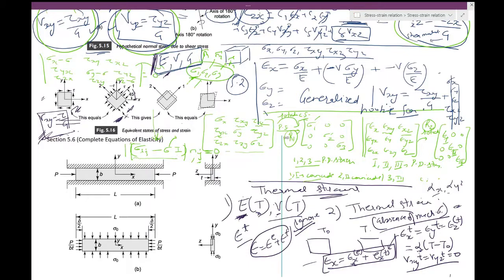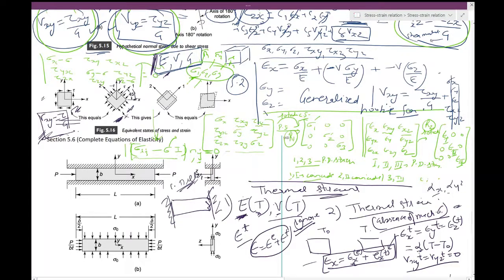You should also make a note of this: if the material is rigidly constrained, I mean if you have this sort of a material and these are walls on both sides, so the material is rigidly restrained so that no strain is possible, it's a 1D element, so there is no strain in the other direction. If the material is rigidly restrained so that no strain is possible, the elastic part of the strain will be the negative of the thermal strain, since the total strain is 0.